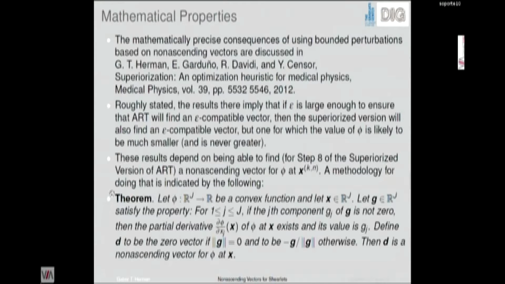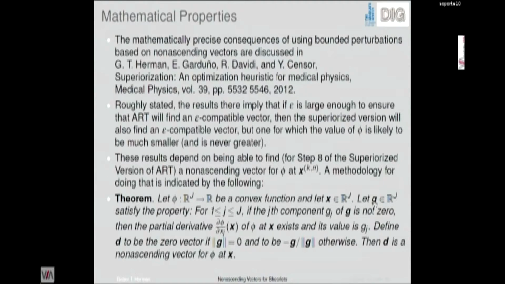So in the same paper, here is a general theorem for finding non-ascending vectors. This is a sufficient theorem. There are other ways of finding non-ascending vectors, but this is one of them. Suppose that phi, your secondary function, is a convex function, and suppose that we are in a J-dimensional vector space.